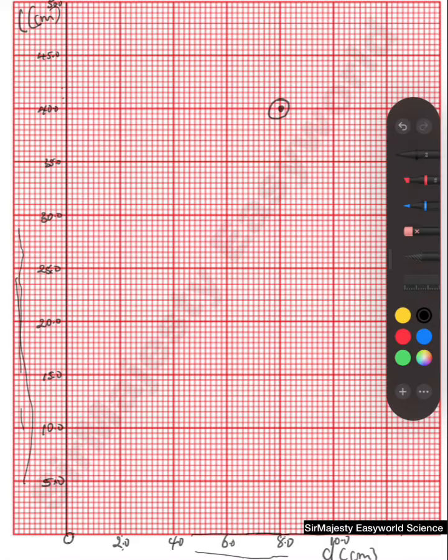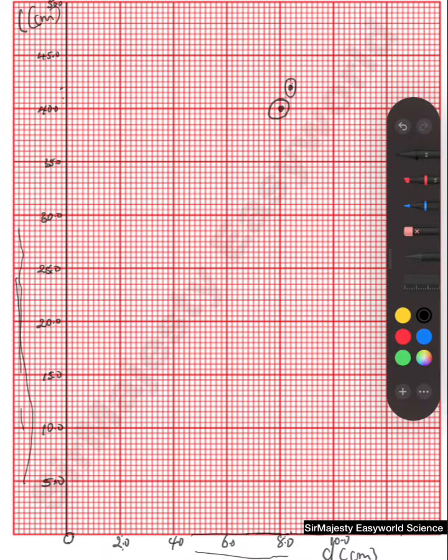Look at my 42. 42 here against 8.4. Remember that this is 8.2. 8.4 is immediately after this line. This is 8.4 against 42. Look at where they intersect.